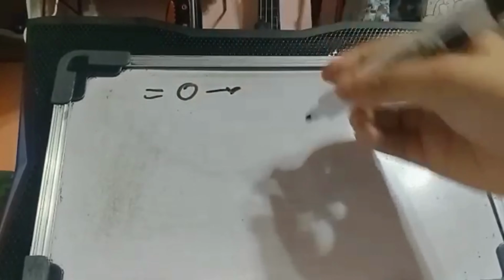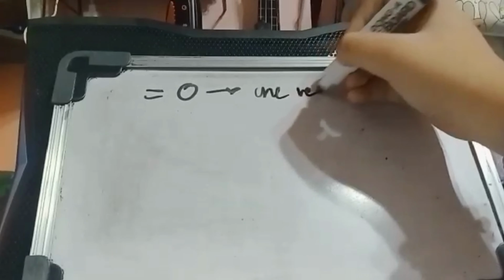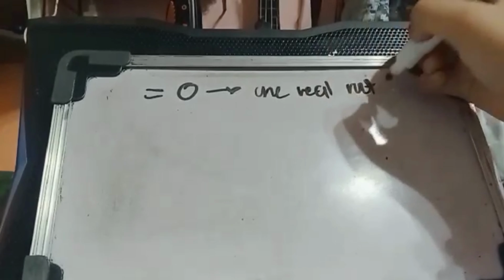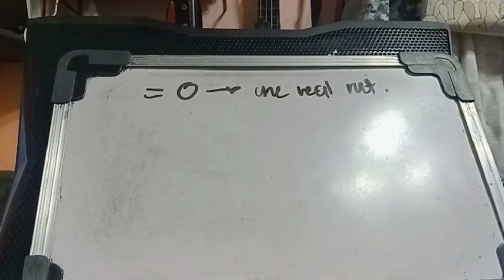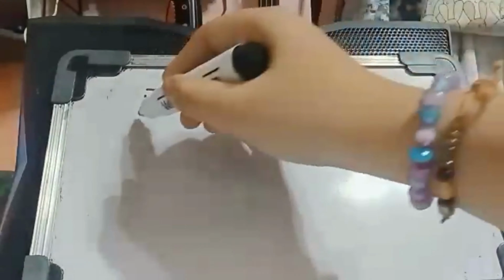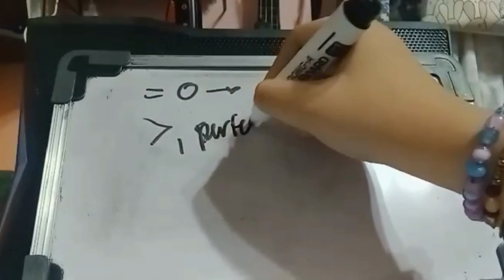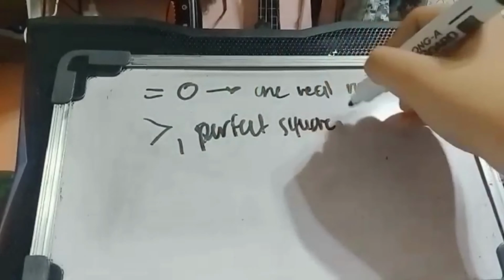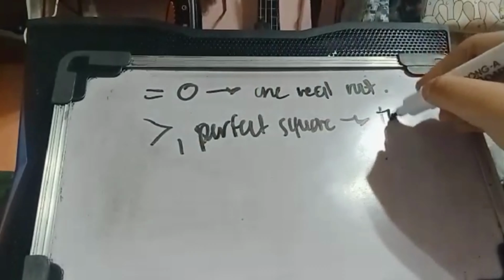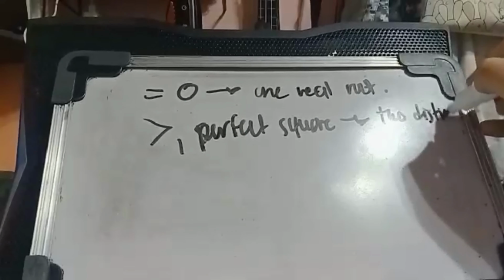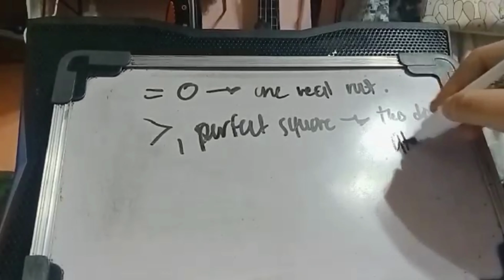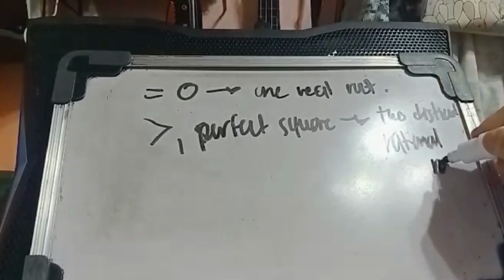So, sinasabi kasi sa discriminant, ito yung rules. If the discriminant is equal to 0, the root is a one real root. Pag equal siya sa 0, 0 lang. Pero, if it's greater than 0, and it's a perfect square, the roots are two distinct rational roots.